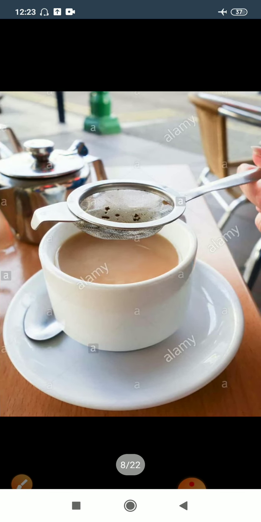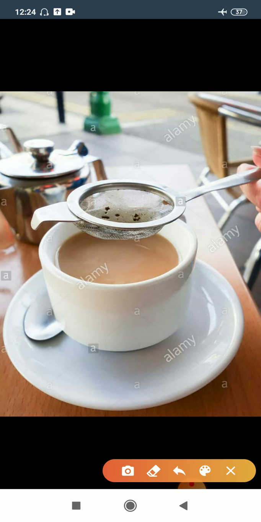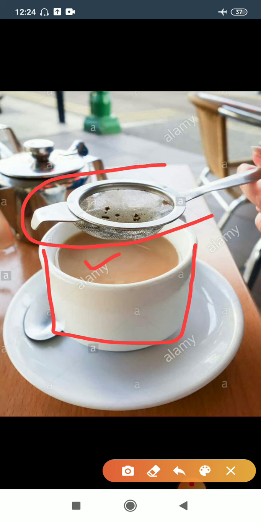Now, in this picture, you can observe the tea lying in this cup, but one strainer is given here. This is an equipment in scientific terms. Why is this strainer called equipment?